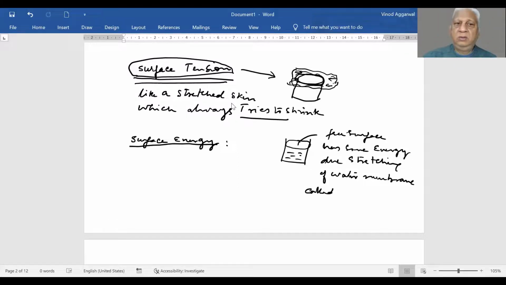And this is called surface energy. Right? Okay.